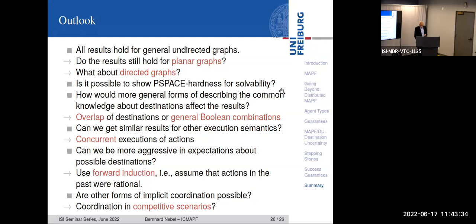Another question is, does the PSPACE-hardness result also hold for solvability? I only have it for optimal solvability. And how would more general forms of describing the common knowledge about destinations affect the results? I don't know. Can we give similar results if you change the execution semantics?